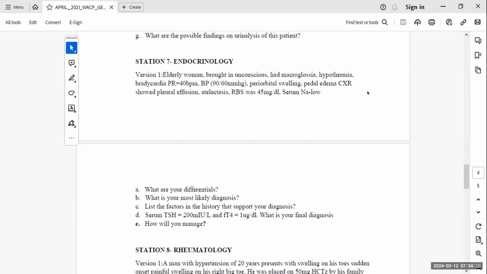In this condition, you want to give hydrocortisone. Dexamethasone, another glucocorticoid, may take some time to work, so you want to give your IV hydrocortisone first. Then for the correction of the hypothyroidism, we use IV T4 thyroid hormones.